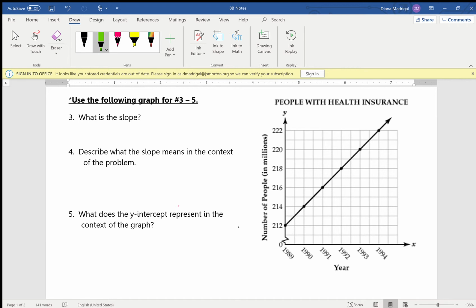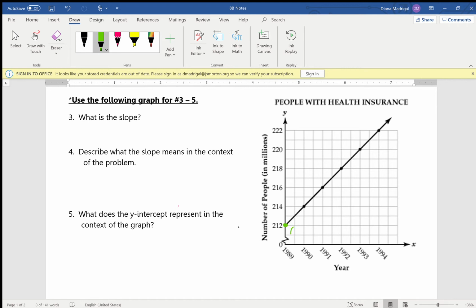Question number 3 says, what is the slope? Okay, there's two ways. Remember, you can either do rise over run or the slope formula. I'm going to do the slope formula, okay? In order for me to find the slope, I need 2 points. I'm going to start with the starting point. I know this is a starting point because it crosses through the y.